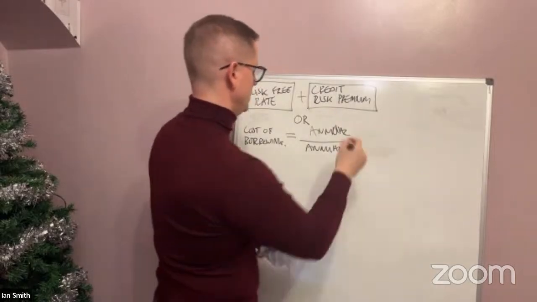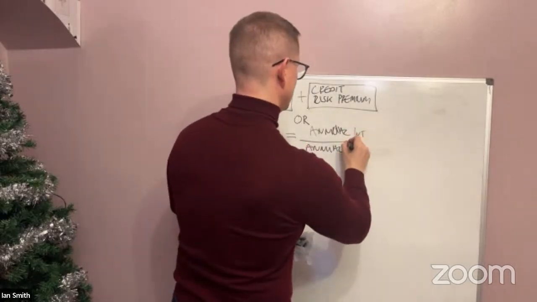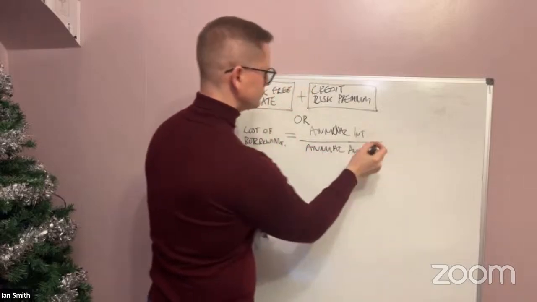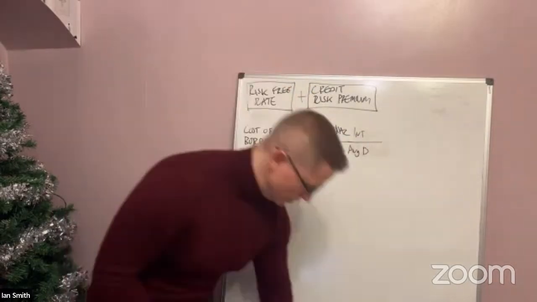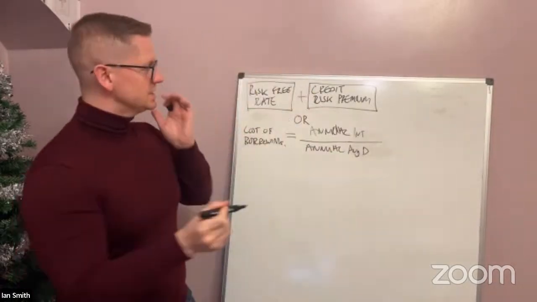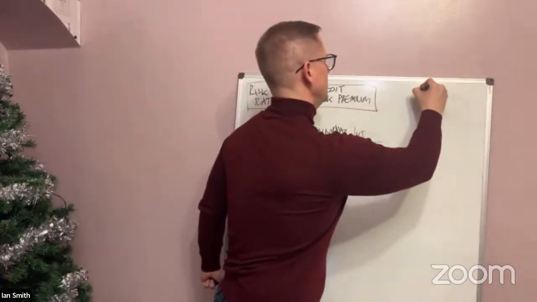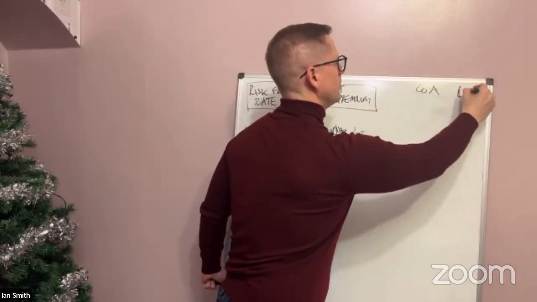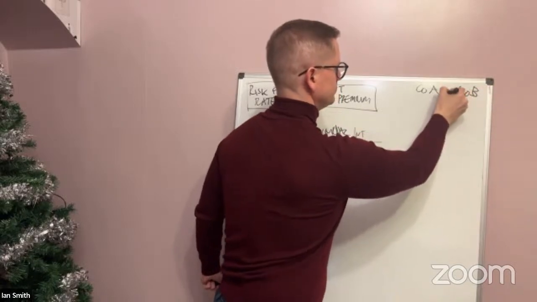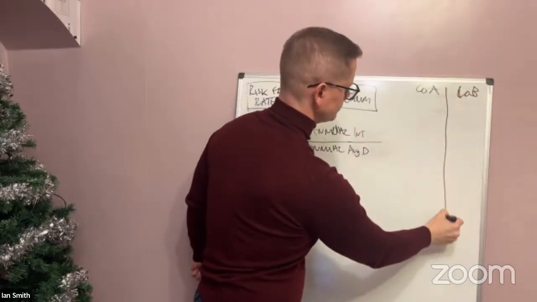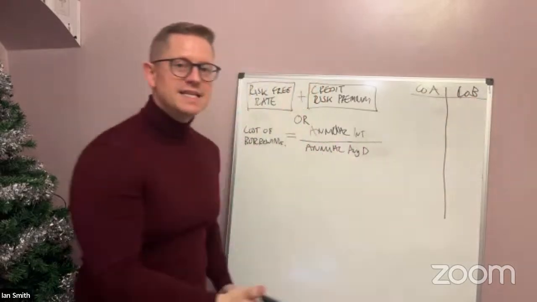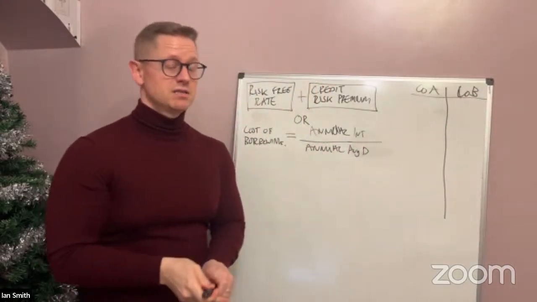Right. Annual interest, annual average debt, and we'll draw this on this side. So let's say you've got company A, company B. They're both identical in terms of EBIT.